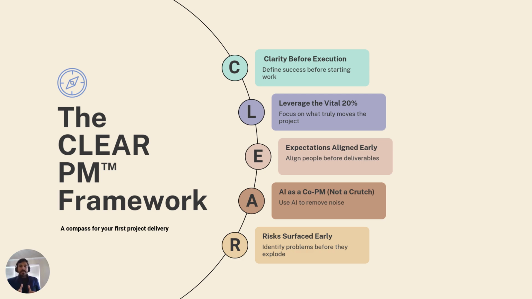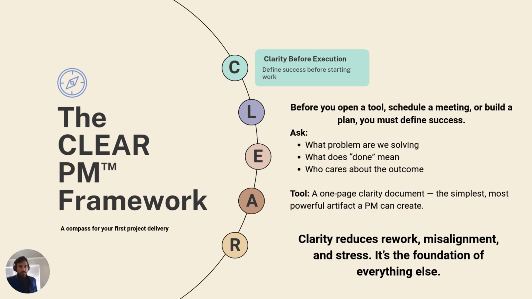A for AI. In the AI era, there are a lot of features that AI can help you with as a co-PM. And the last is R, the risk. You surface the risk as early as possible in the process. I think that will be beneficial to everybody, and it will reduce the stress a lot for project managers. But I will explain in the next 5 slides what it actually means.